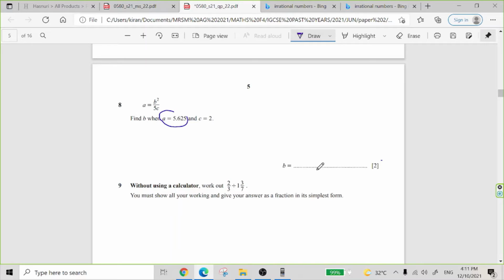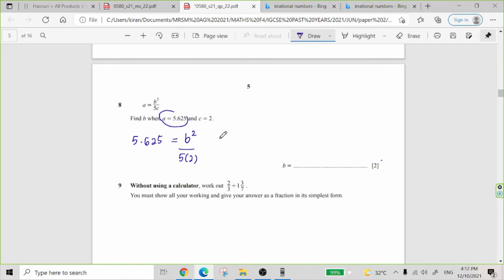If katakanlah your answer salah, you get the incorrect answer, but your method still correct, so you still get 1 mark. Okay, so for this part we substitute the value for A is 5.625, equal to B square here, and then 5 times 2.